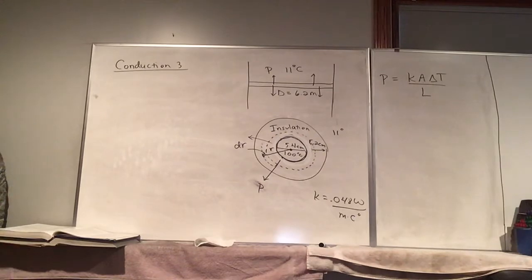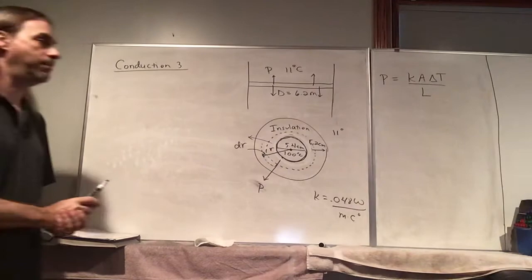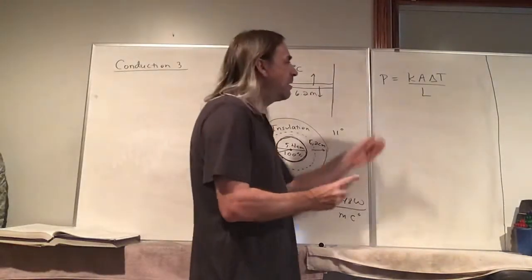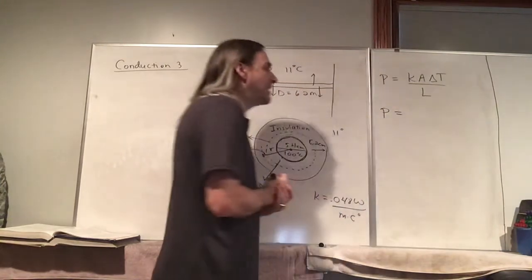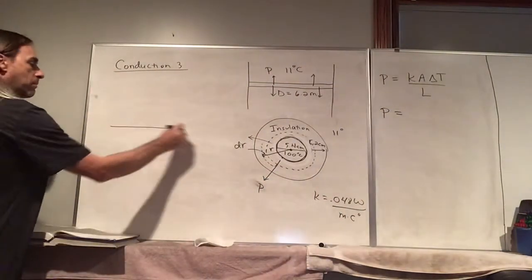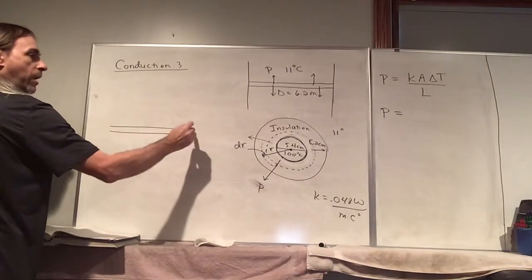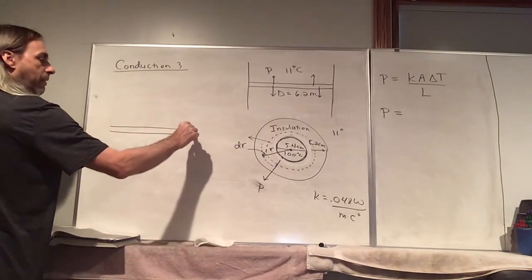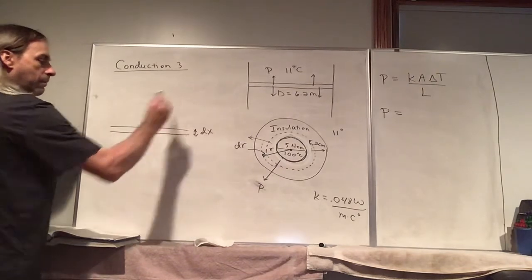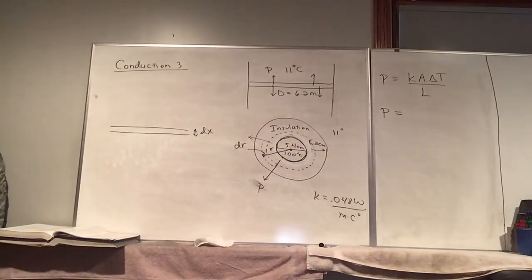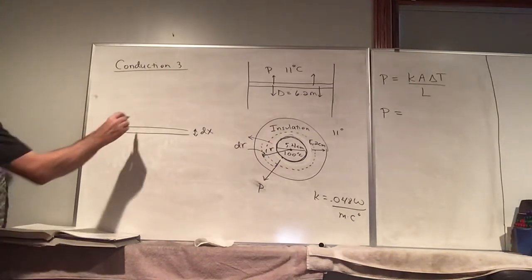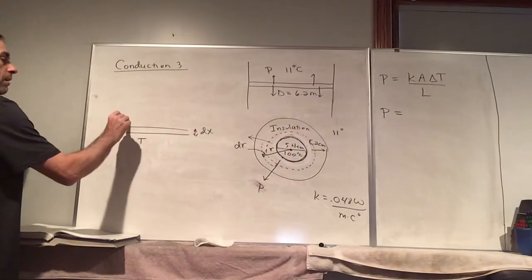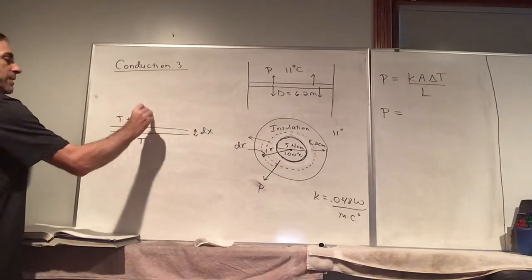So I want to write this formula in a way that's better suited to this problem. So if we consider a very thin slab of material with a thickness, let's call this thickness dx. And the temperature difference between the two ends is, let's say here we have T, and here we have T plus dT.